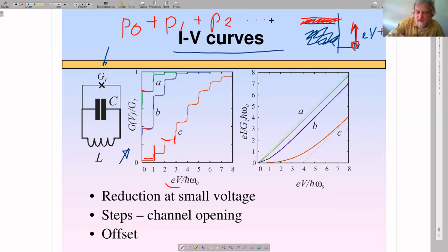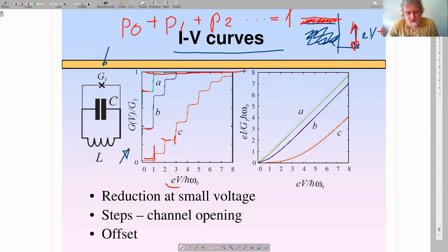And finally, this infinite number of terms amounts to 1. So the conductance is the conductance in the absence of coupling, somewhere over here at high voltage, and it increases step by step when voltage approaches an integer number of h omega.